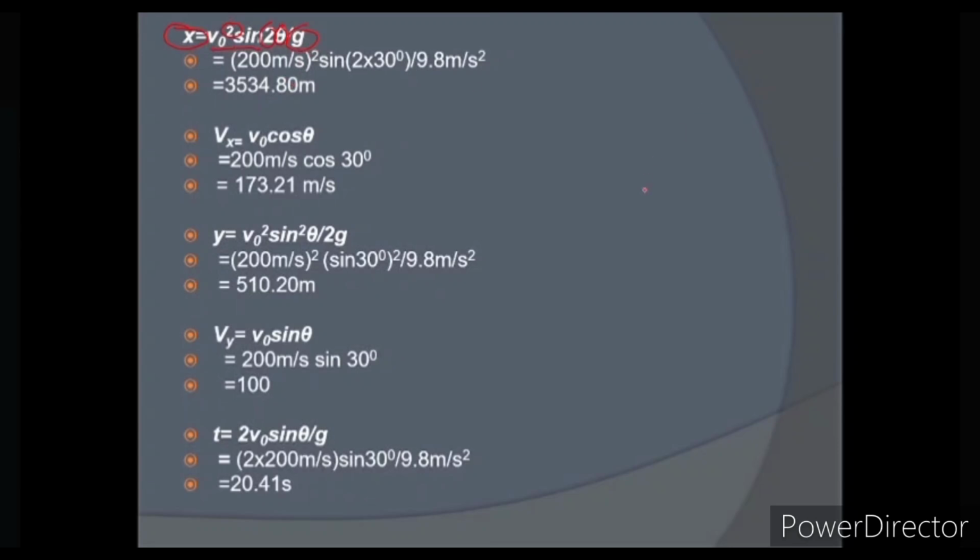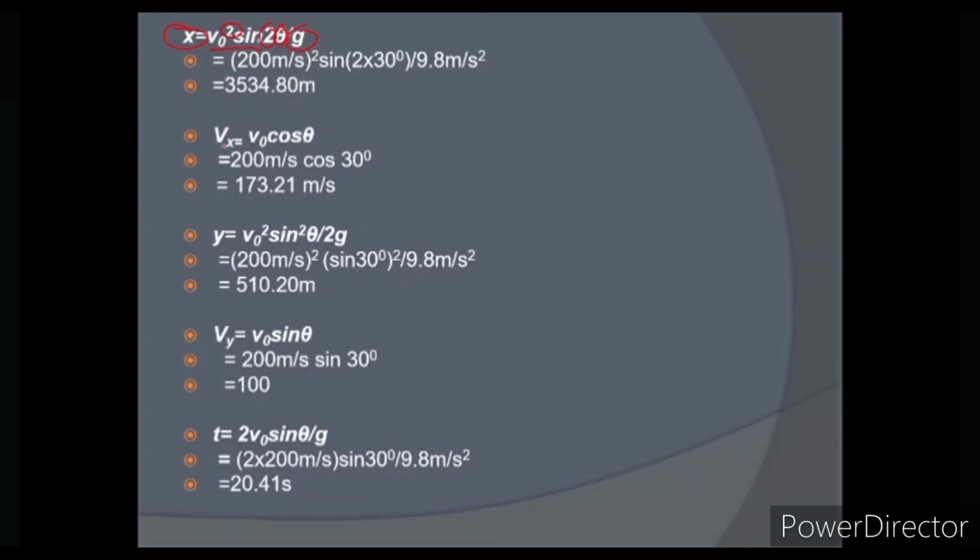So, i-square natin siya. Ito yung pipindutin natin yung may x squared dyan. Sine 2 times 30, that is your angle 30. Given yan. And then, divide by your gravity na 9.8. So, the answer would be 3,534.80. Round off tayo to the two decimal places. So, you have 3,534.80 meter. So, that would be the answer for the range.